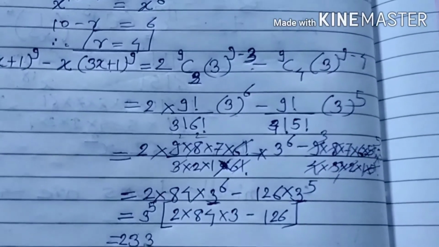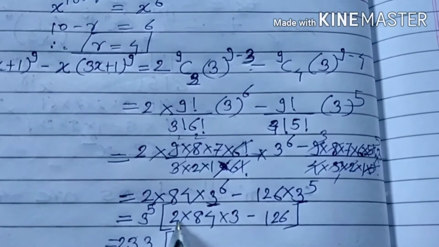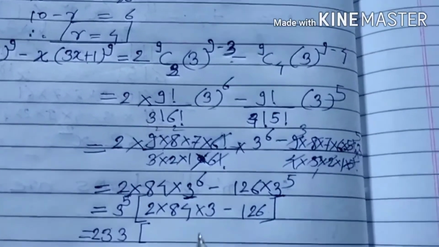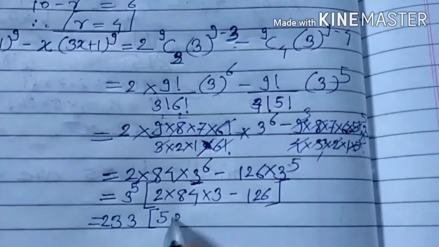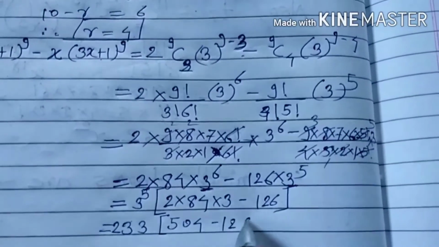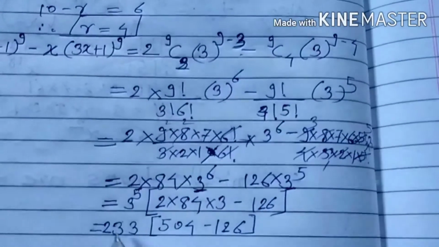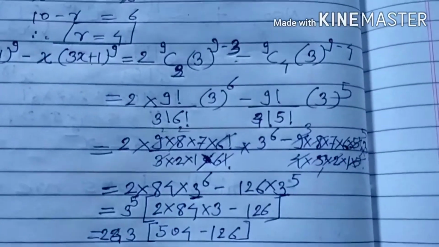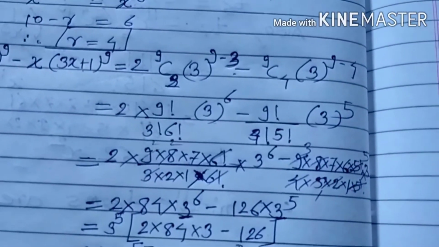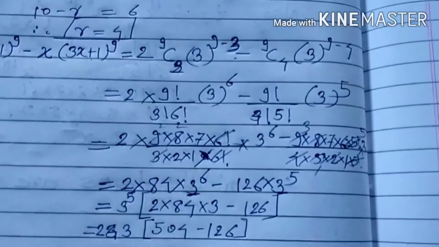So it is 243. And the multiplication of all these terms is 504 minus 126. So it is like that, 243 into 378.